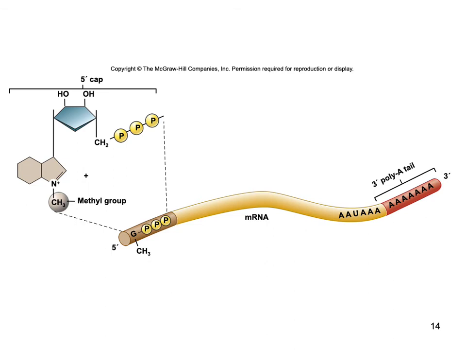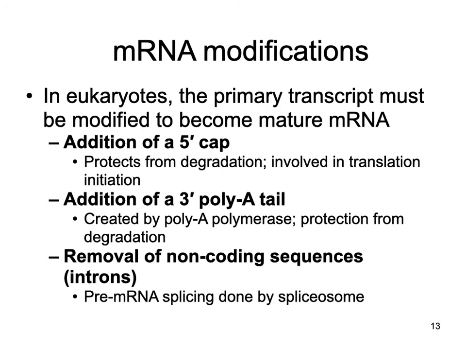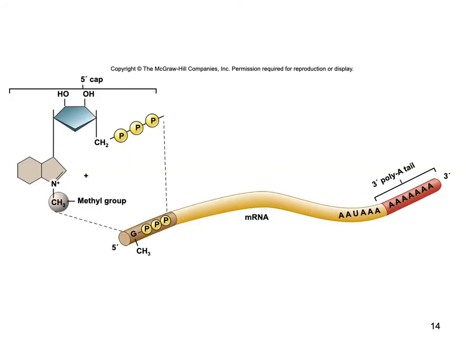Okay, and then there is a very interesting thing that happens, and that is the removal of non-coding sequences, which is called RNA splicing. So this is the odd thing, not all of the nucleotides that are in this region are actually important in coding information for how to make our product.